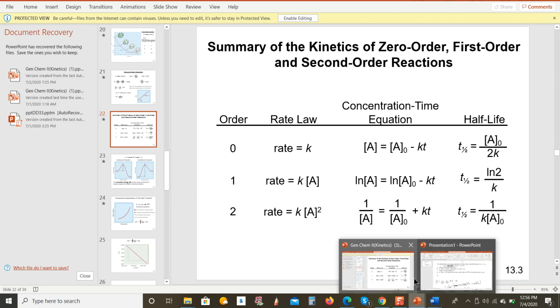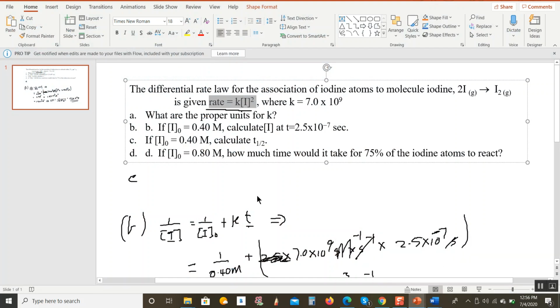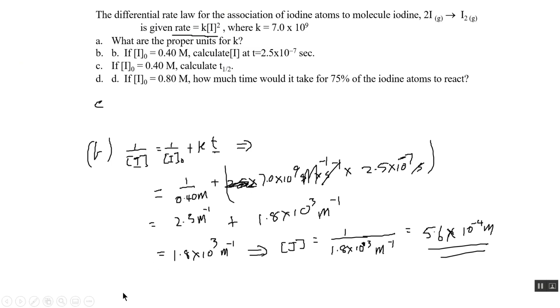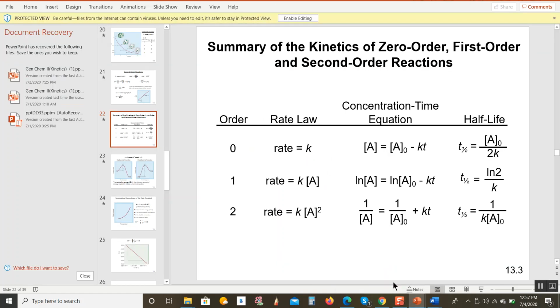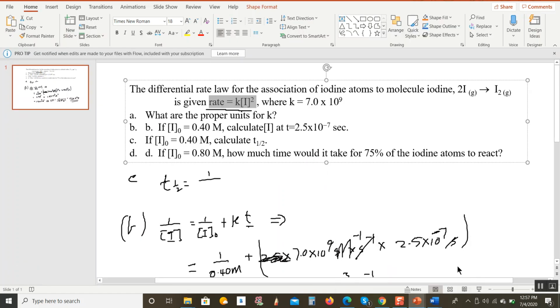So going back to this, I'm going to write down that the half-life, t half, is equal to 1 over k times A initial.